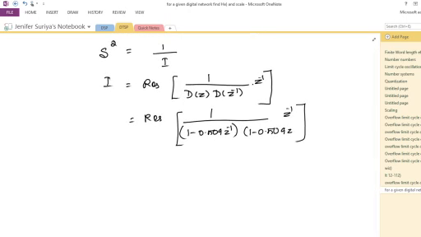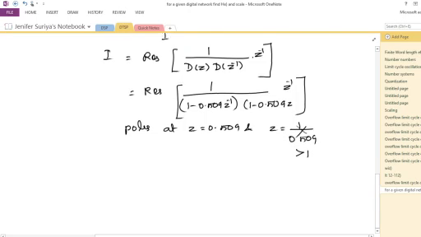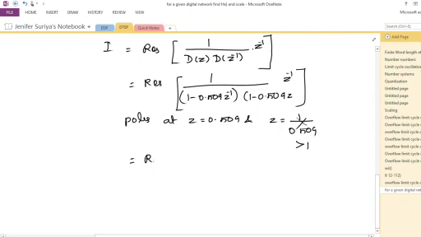Now if we calculate the poles, we get the poles at Z is equal to 0.509 and Z is equal to 1 by 0.509. But this value is greater than 1, so it is not considered for the residue. So we are going to find the residue only at Z is equal to 0.509.